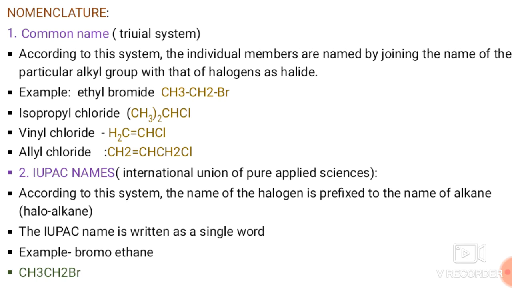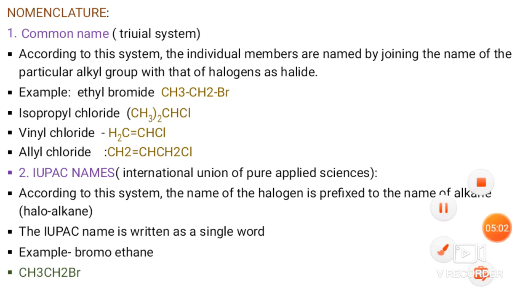Next, nomenclature of alkyl halides. Mainly based on two systems. One is the common system and the second one is the IUPAC system. According to the common system, first we mention the name of the alkyl group like ethyl, methyl, propyl, and followed by the halogen as a halide.